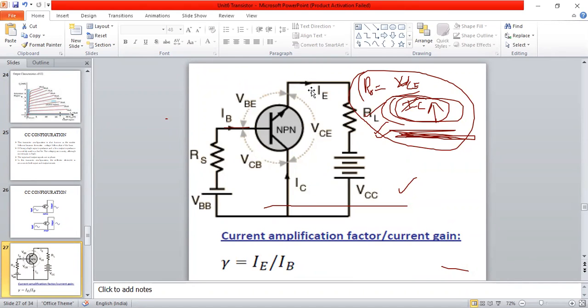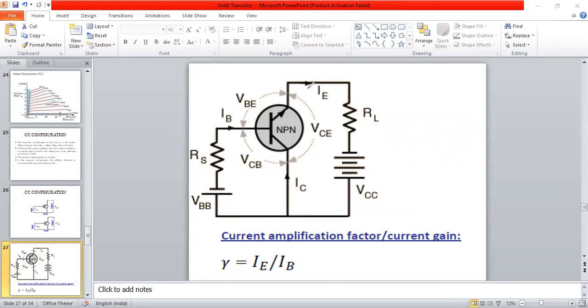Earlier this was collector and this was emitter; both terminals are reversed. So the base input is same, only the output terminals are changed. The output current is IC and the output voltage is VCE. There is no change at all here now.